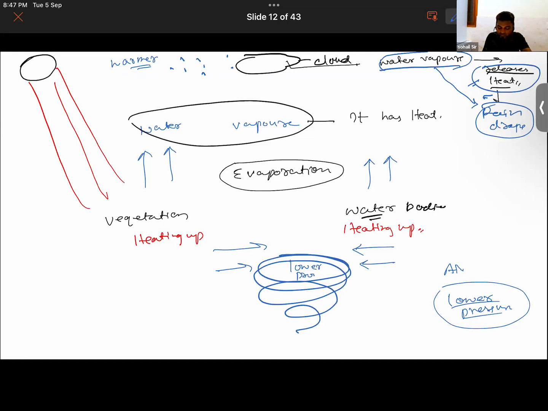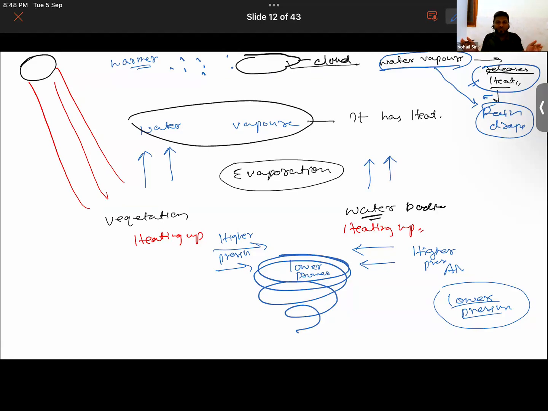Why is it so? Because in the surrounding region, the pressure is higher. So from higher pressure to lower pressure, there is a movement of air in towards the center of the storm, and it generates a cycle.